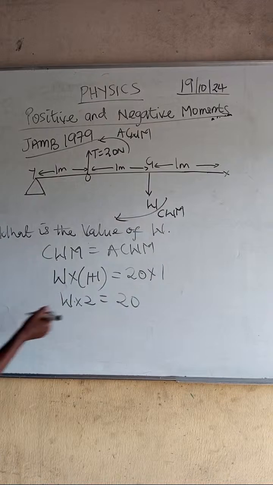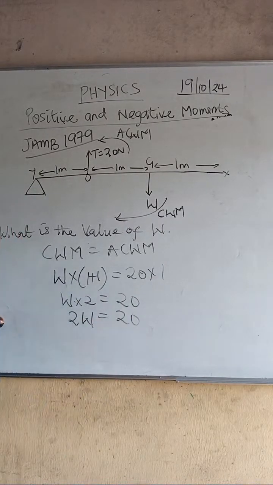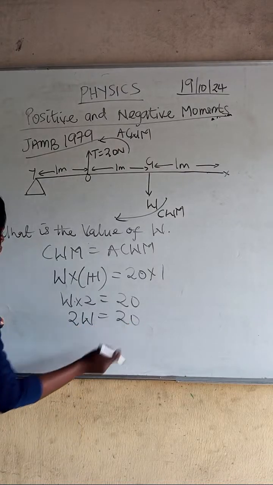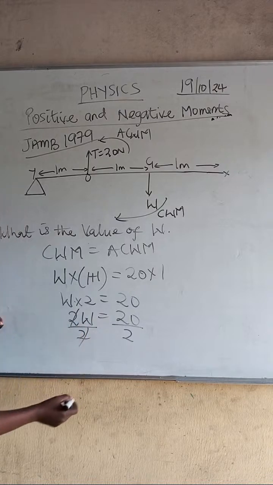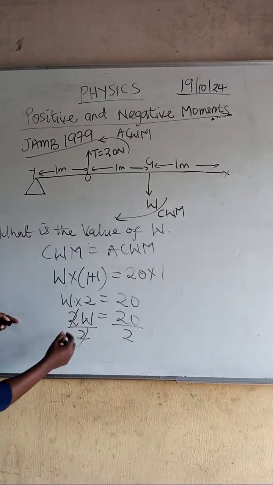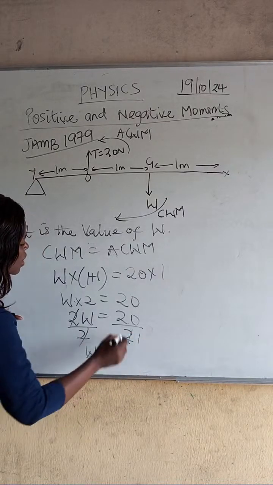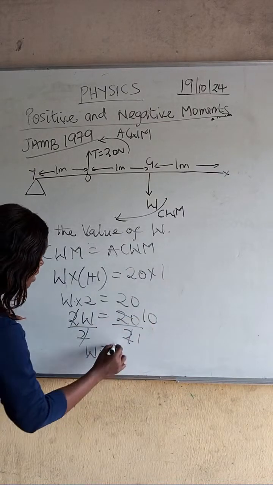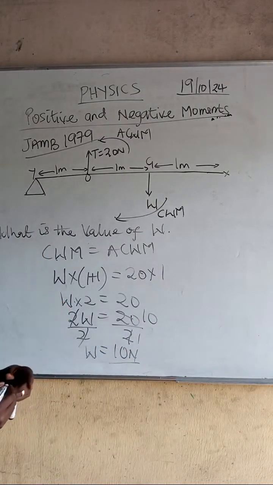So we proceed by saying this is 2W is equals to 20. We now divide both sides by what? By 2. Okay? Coefficient of W to give me what? W. 2 into itself 1. 2 into 20, I have what? 10. So the answer becomes 10 Newton.